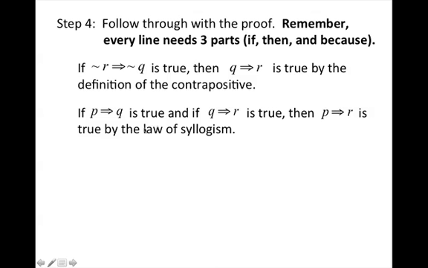Well, if both of these implications are true, then leave out the Q and I get P implies R is true. My reason for doing this is the law of syllogism. So I have my if, I have my then, and I have my reason, my by. So if P implies Q is true, and if Q implies R is true, then P implies R is also true by the law of syllogism.